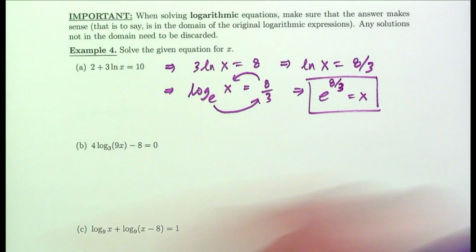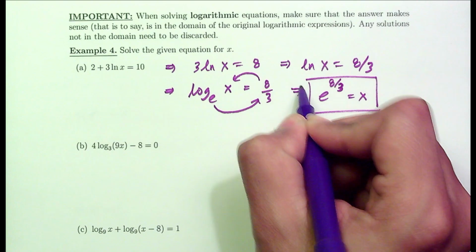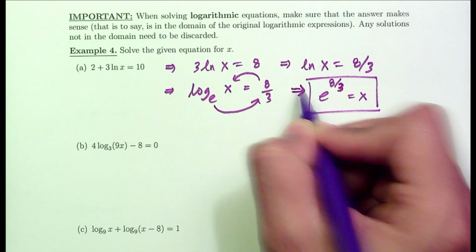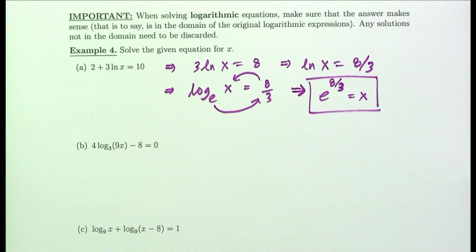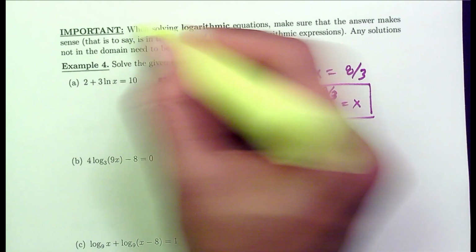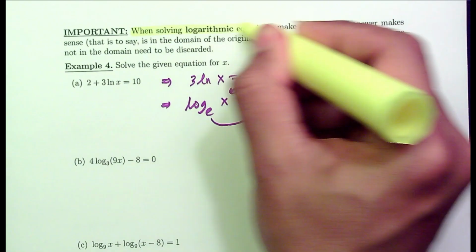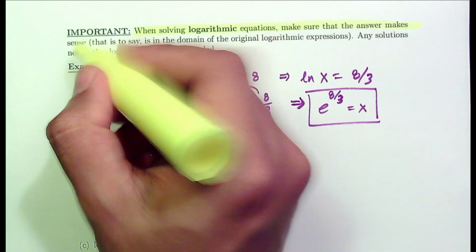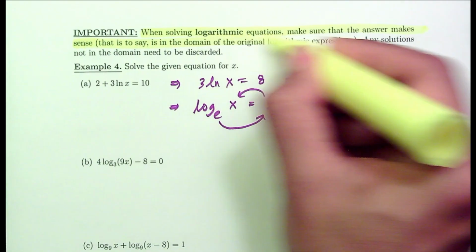Okay, one thing that we need to be aware of is that when we solve logarithmic equations, we have to make sure that the answer we get for x is in the domain, meaning that it's something you can actually plug into the original equation and not get something undefined.